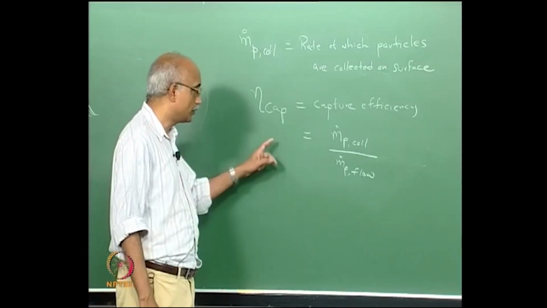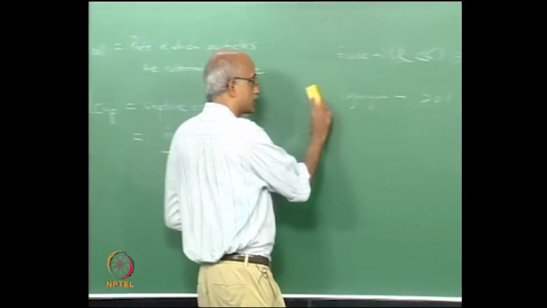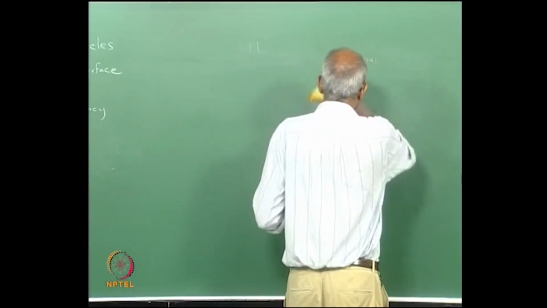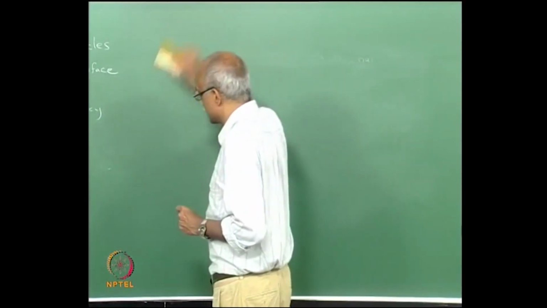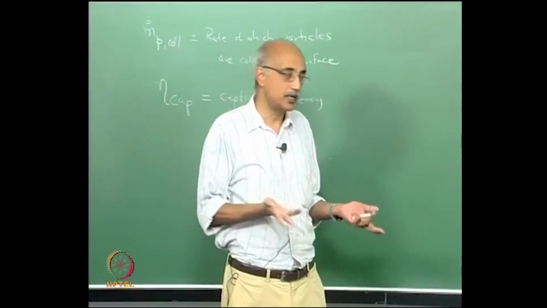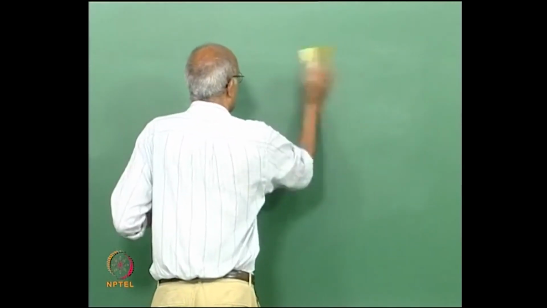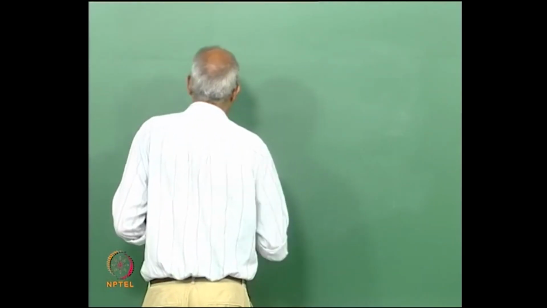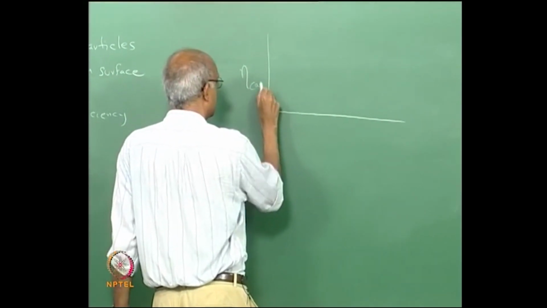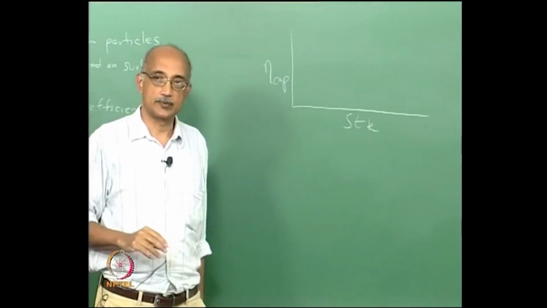So how is this related to the Stokes number? That is really the key question to answer. Is there a relationship between Stokes number and the capture efficiency? If so, what is its qualitative nature and what are the implications of this? So if you plot capture efficiency versus Stokes number, what kind of a behavior do you expect?